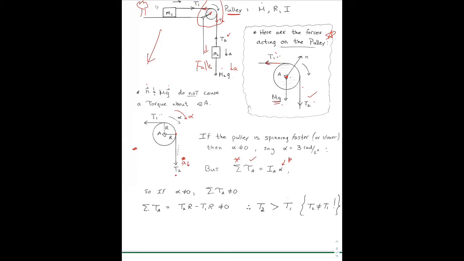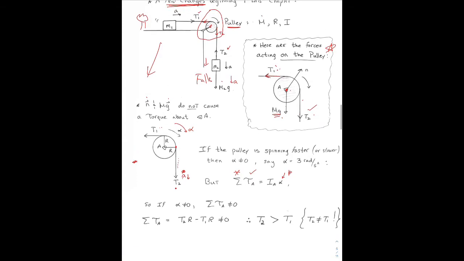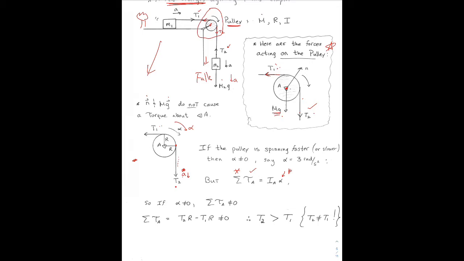That's the big difference in this chapter: the tension can actually be different on both sides of the pulley. Here the pulley isn't just there to bend the string. It's actually there to cause the tension to be different.